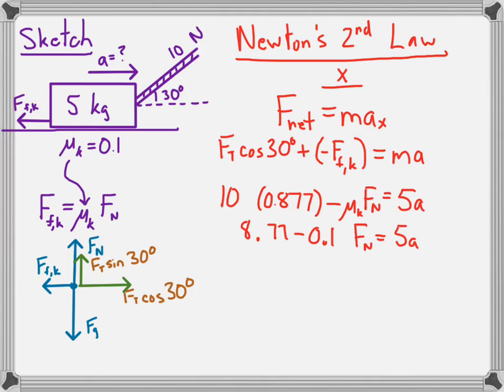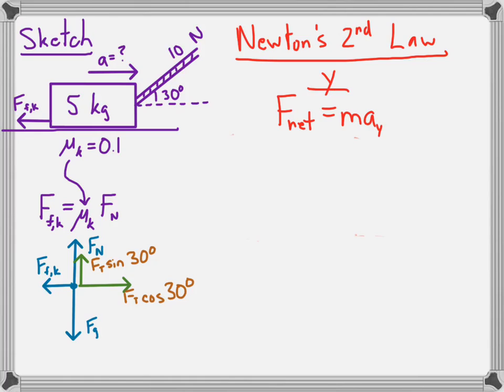So now let's turn our attention to the y direction and go as far as we could possibly go. In the y direction, we're going to write Newton's second law, but this time acceleration in the y direction is what we want to use. And the net force comes from only forces in the y direction.